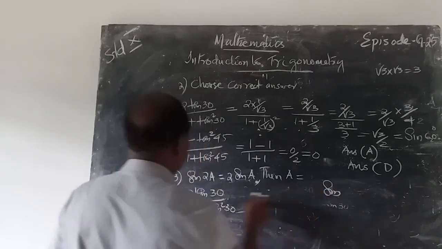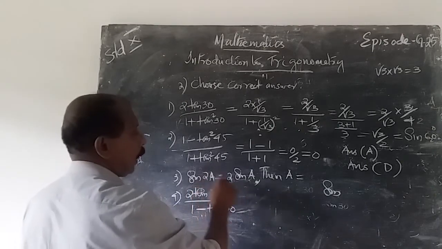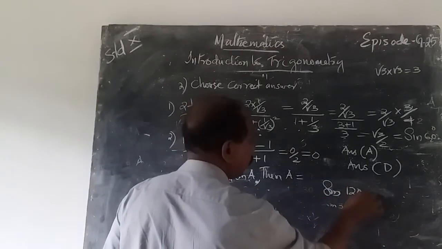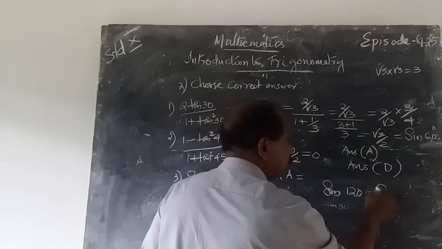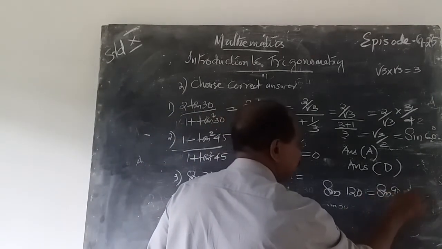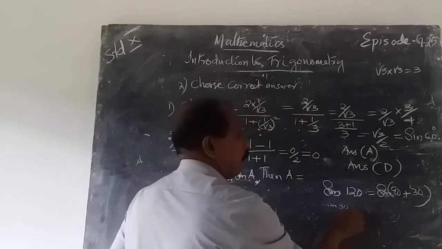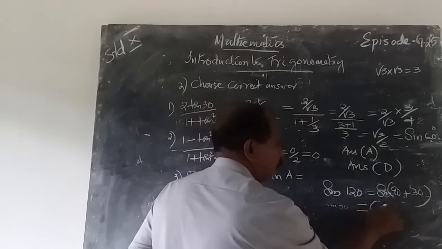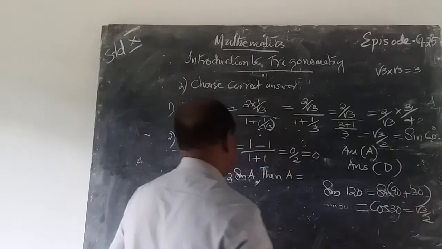Sin 2a is equal to sin 120. Sin 120 is sin of 90 plus 30. Sin of 90 plus theta is cos theta, so cos 30, which is root 3 by 2.